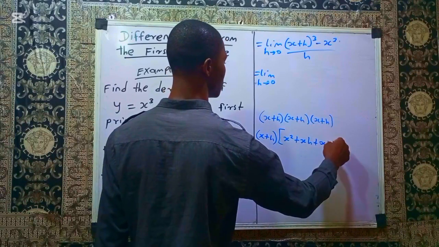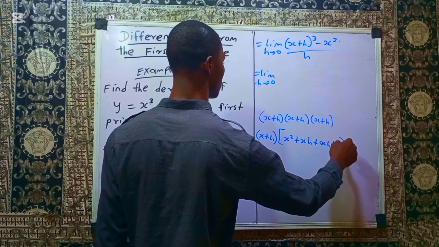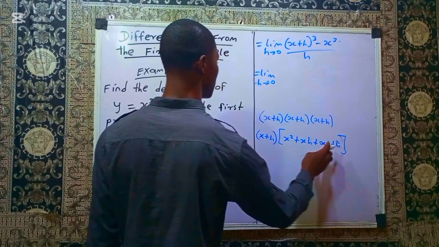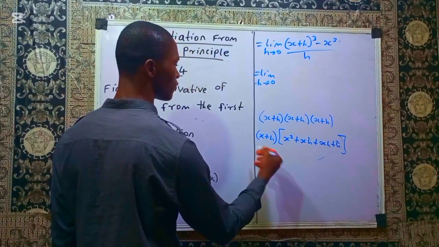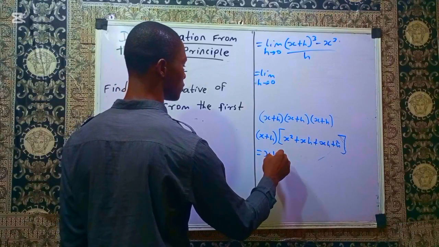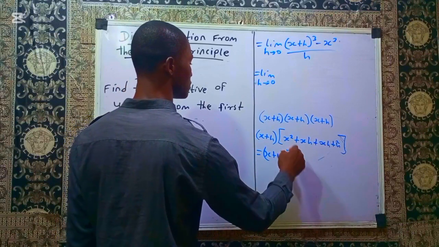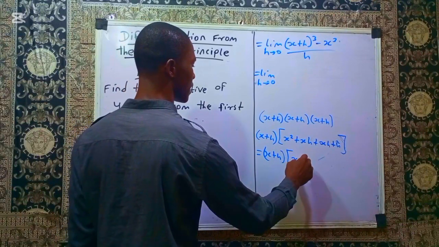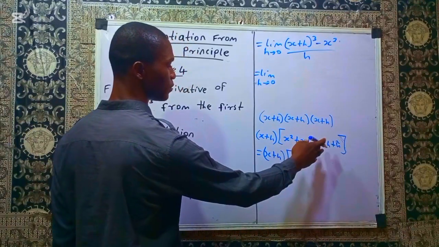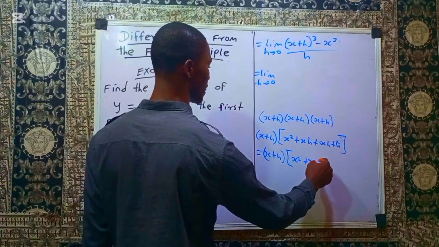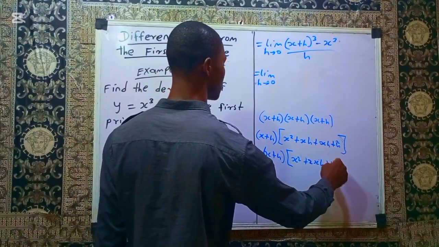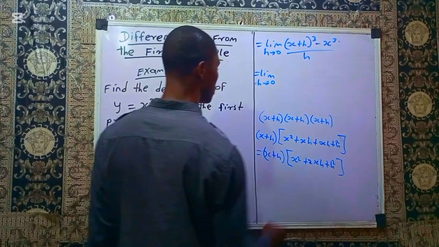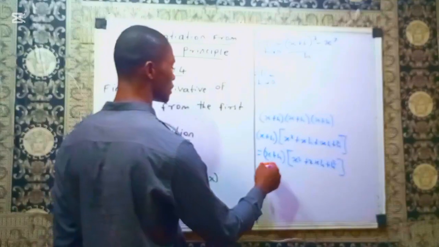Then h multiply h is h raised to power 2. So I've expanded this, and of course, you can simplify it. You have x squared. xh plus xh will give you 2xh. Then plus h squared.